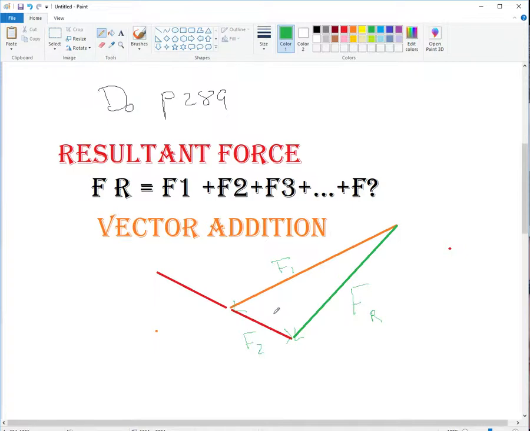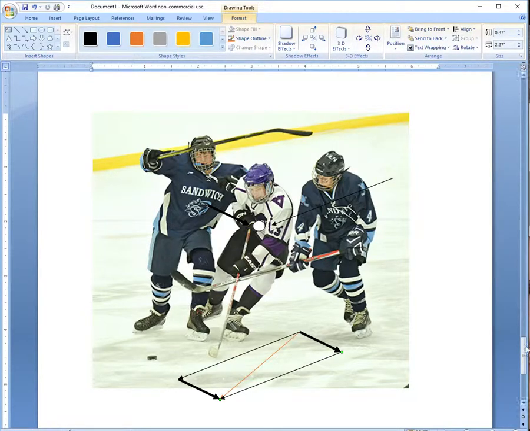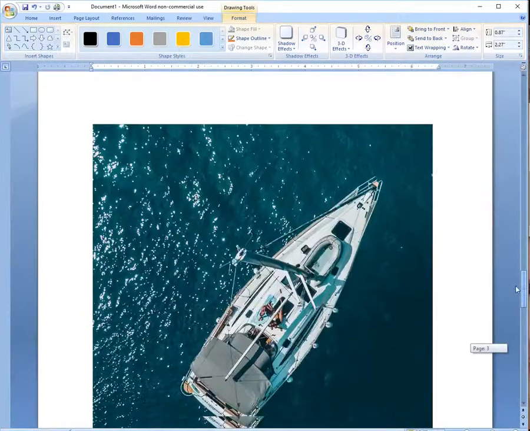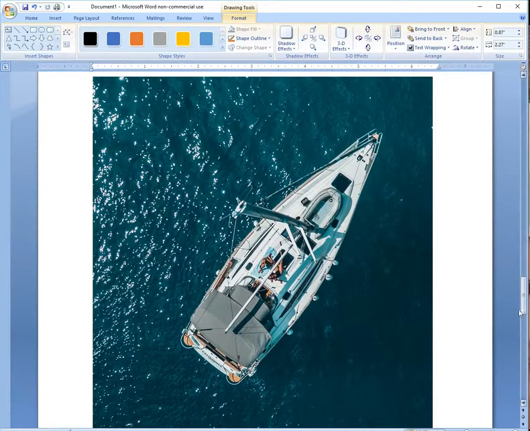Awesome. So now, that's a simple one where you have two forces acting upon one object. If we go back to our pictures over here, say we had a scenario with a sailboat out in the middle of the ocean, and there are different forces affecting that sailboat.